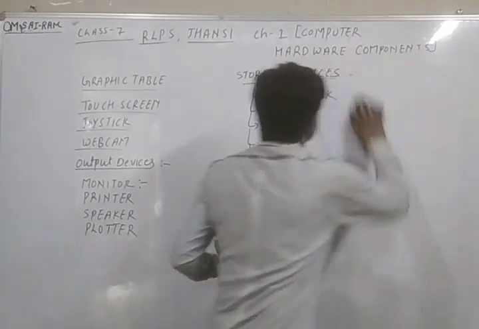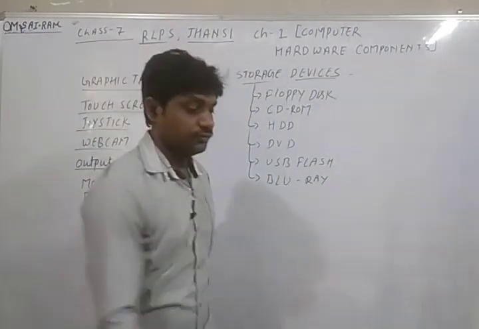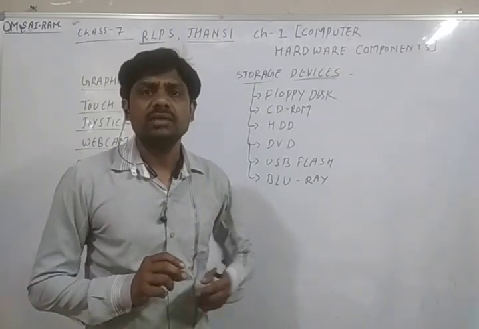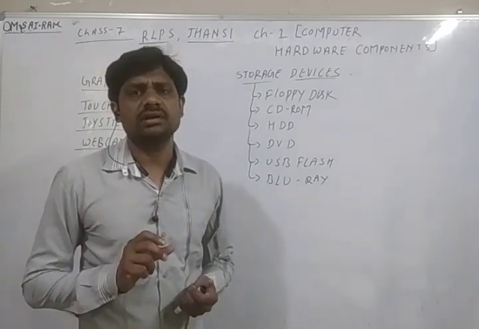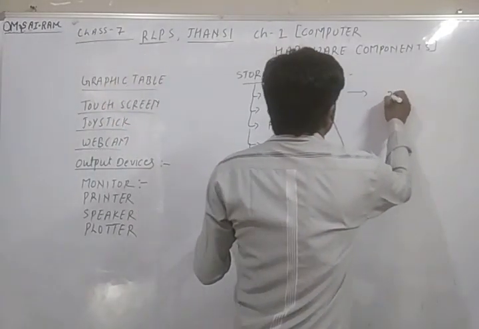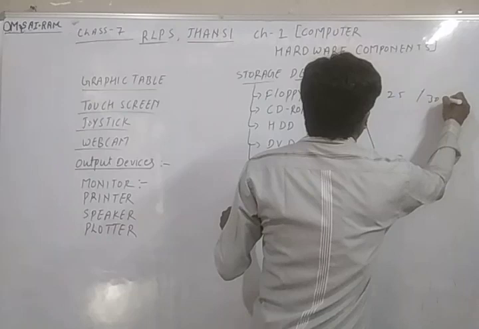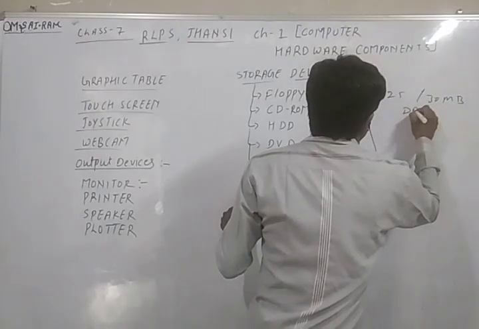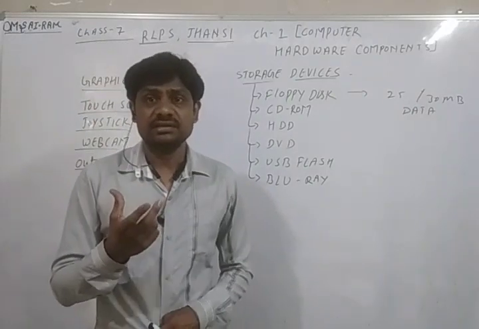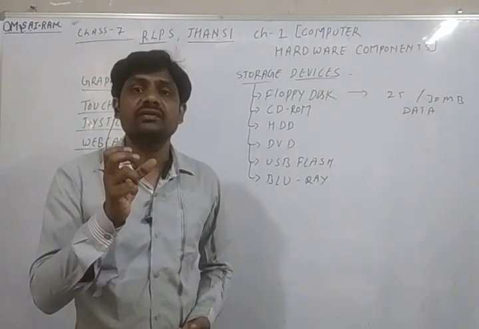So I will explain. First one is floppy disk. Floppy disk is a very good storage device, but it stores very little data. Like in MB, I think 25 or 30 MB of data. Right, children? Floppy disk is a plastic device. Inside the plastic, a plate is given.